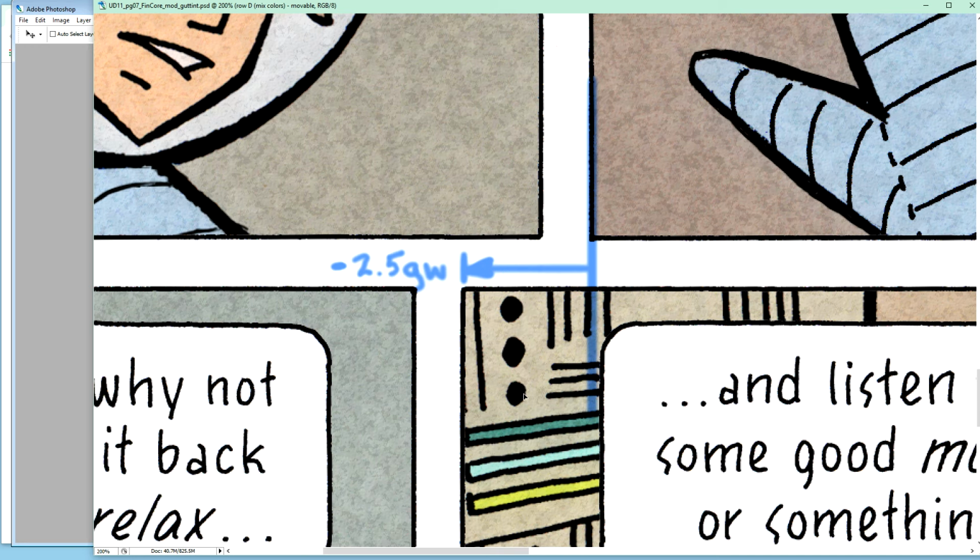So it's the same 2.5 gutter widths. It's just in the minus direction. So moving to the left is negative, minus, and using another reference point. So we start with.